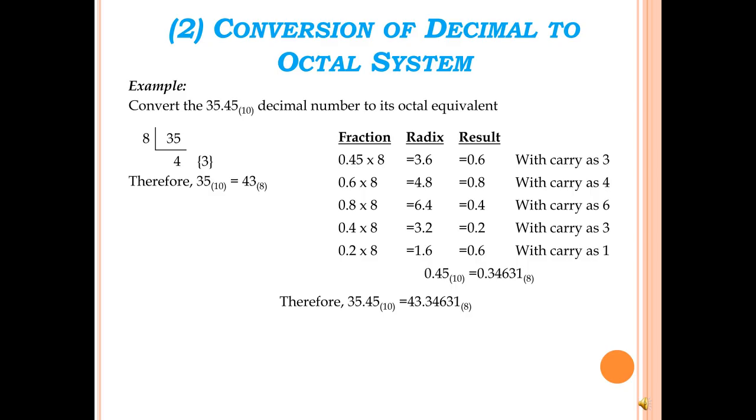Now we have the number 35, which is mentioned before the dot. When we multiply by 8, we will not get exactly 35. We take a number below that, 8 multiplied by 4, which gives the answer 32.